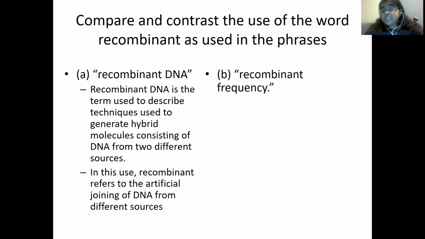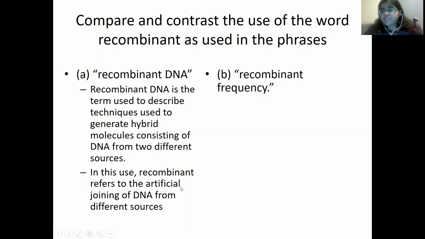So recombinant DNA is essentially the techniques that you use to generate these different hybrid molecules from different sources. And in this case, recombinant typically refers to the artificial joining of DNA from different sources.